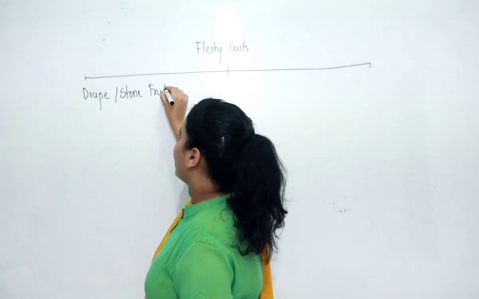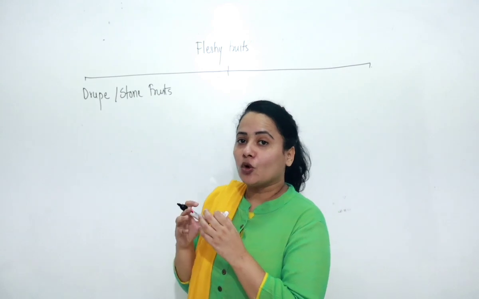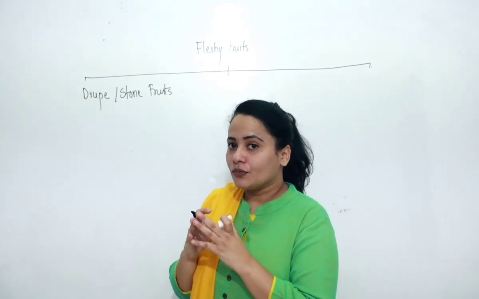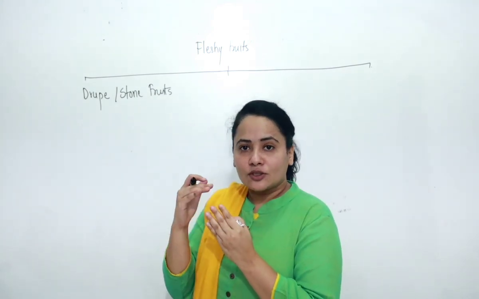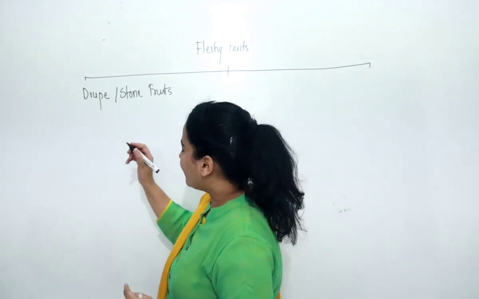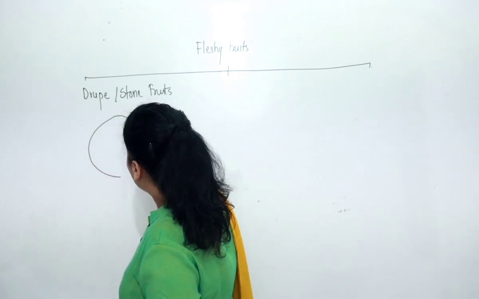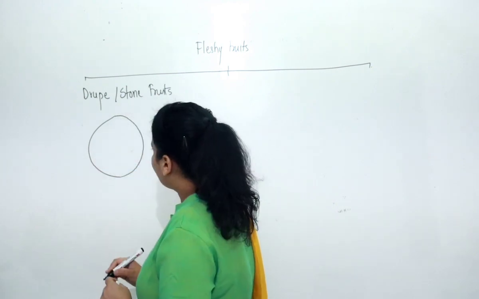We know that we are classifying it on the basis of pericarp: endocarp, then mesocarp, and the outer one is known as the epicarp. Let us take an example over here. I have drawn one of these diagrams.